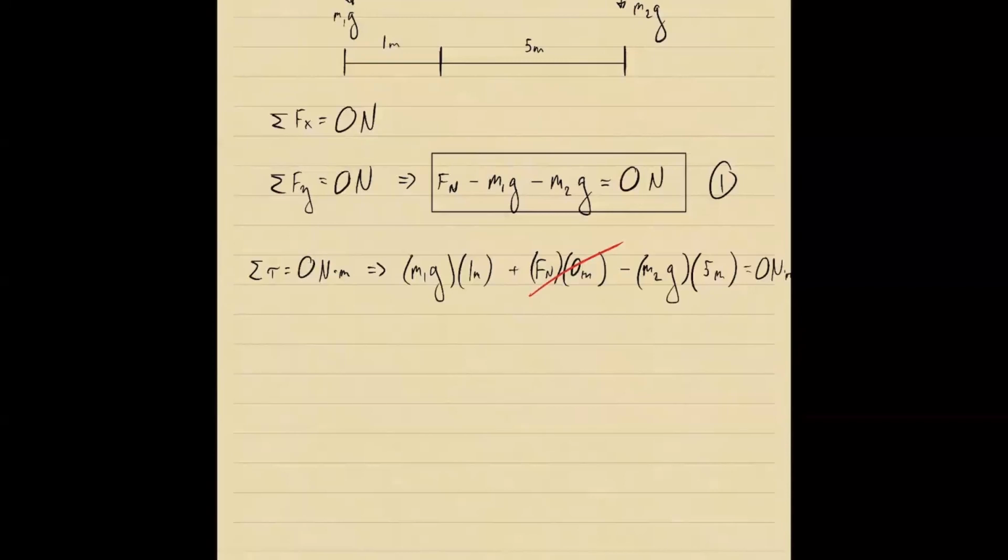So we have, switch over colors. So we have the mass of the first block. So we have M1 times G times our distance, which is 1 meter.